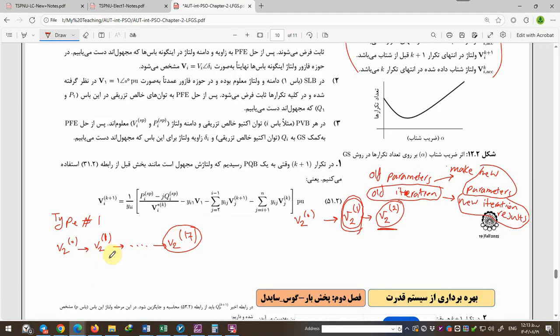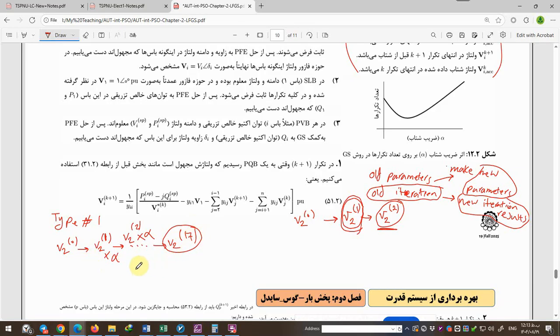For example, if I multiply by a parameter like alpha, for example V2 iteration 2 multiplied by alpha, we can force the procedure to make the final results immediately.